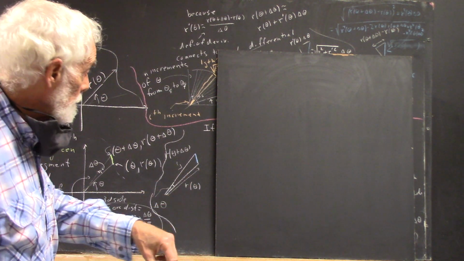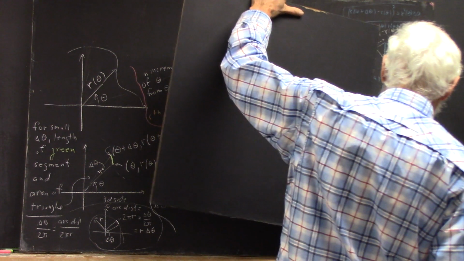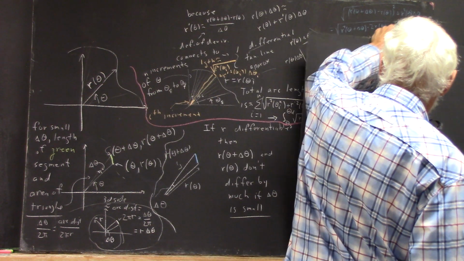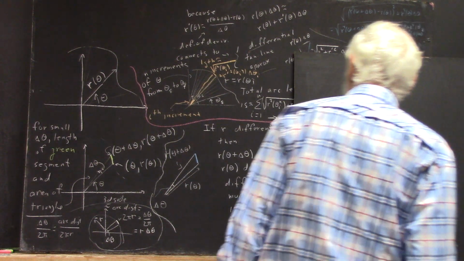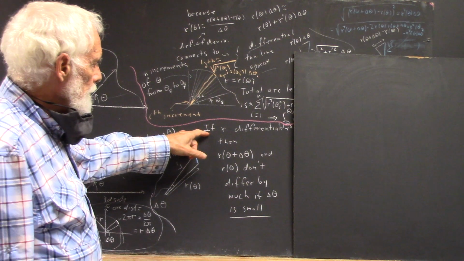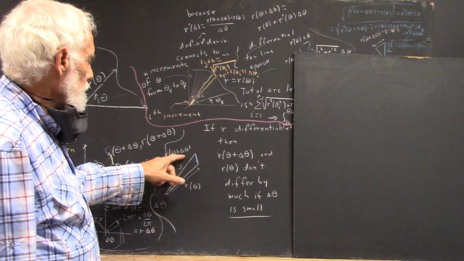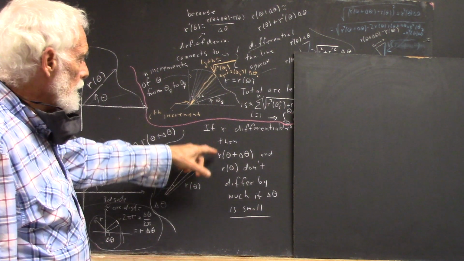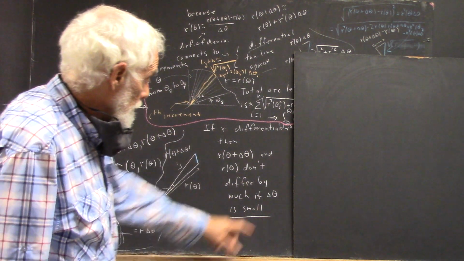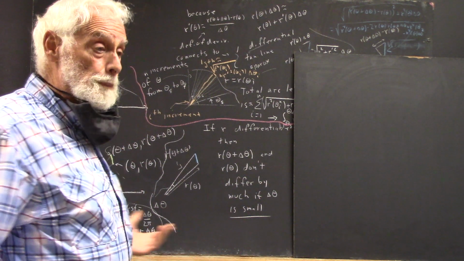Well, again, assuming you've paused, I'm going to go on. And I'm going to tell you that if r is differentiable, then r of theta plus delta theta and r of theta don't differ by much, provided delta theta is small. Now, what does it mean for the function to be differentiable?